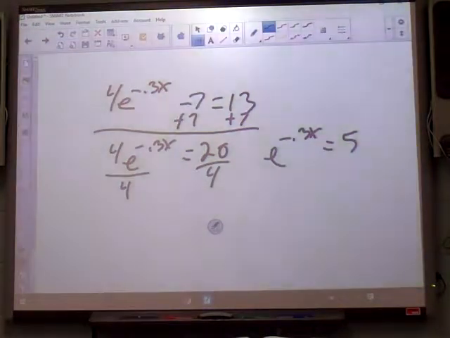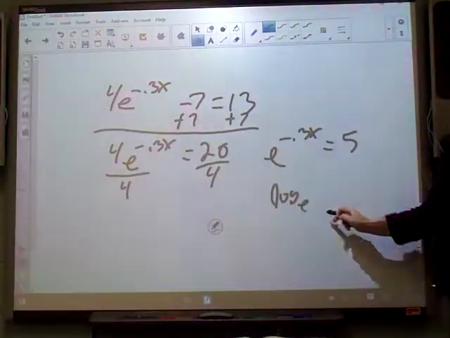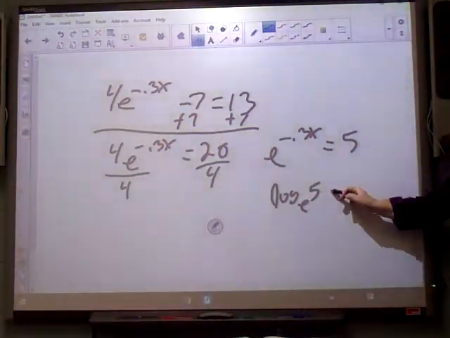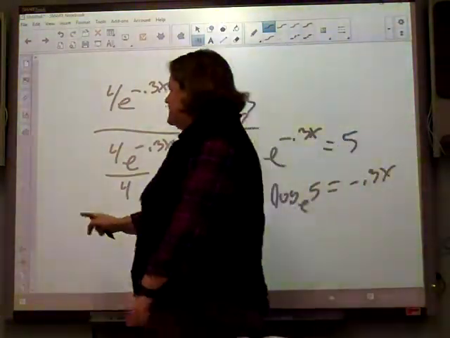Any more extra junk to get rid of? No. So now let's go ahead and write it as a log equation. So this would be log base e of 5 is equal to negative 0.3x. What's log base e the same as?